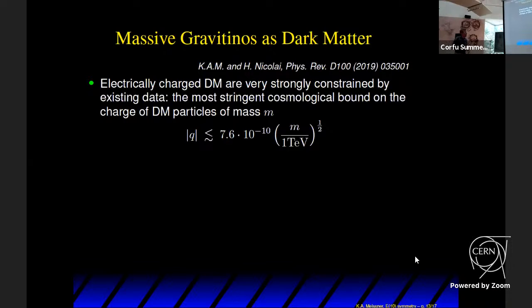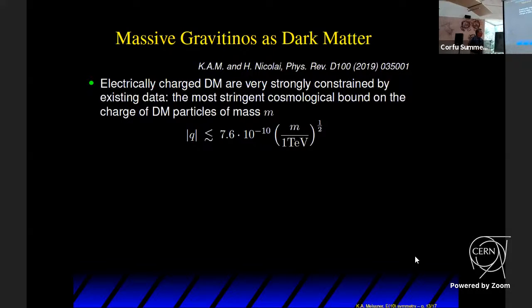And it turns out that electrically charged dark matter is of course very strongly constrained by the data. Dark matter comes from the fact that this matter does not interact with photons, so it shouldn't be charged. But when you actually look at the observational bounds on the charge of dark matter as a function of its mass, that's a rough estimate.